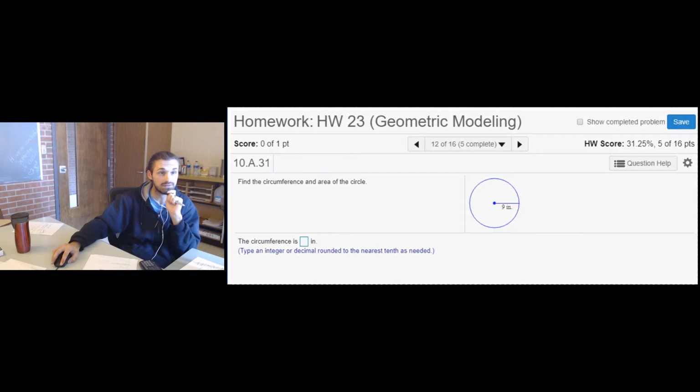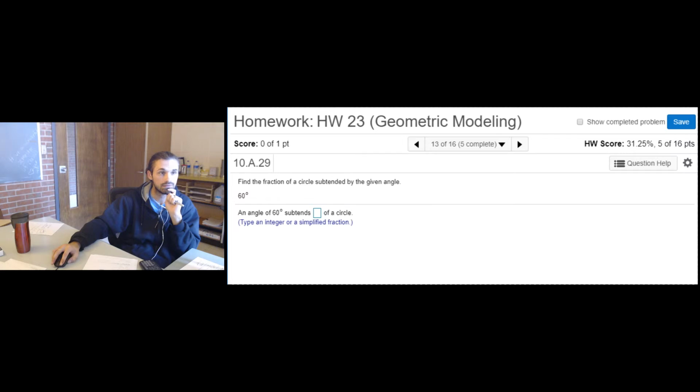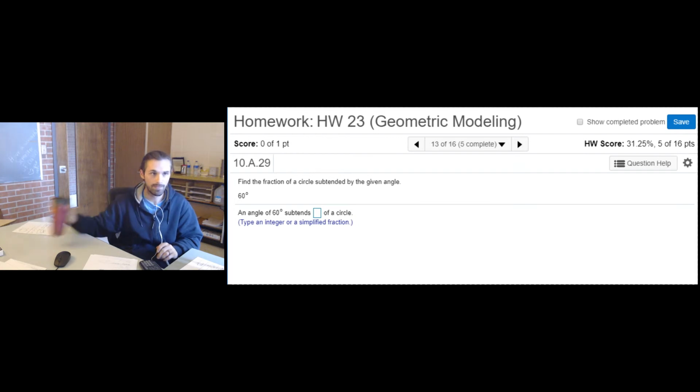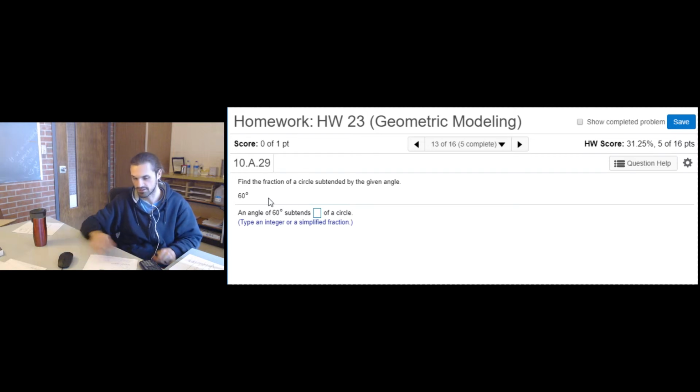Another circumference of a circle. Find the fraction of a circle subtended by the given angle. So this really is saying 60 degrees is what fraction of a circle?